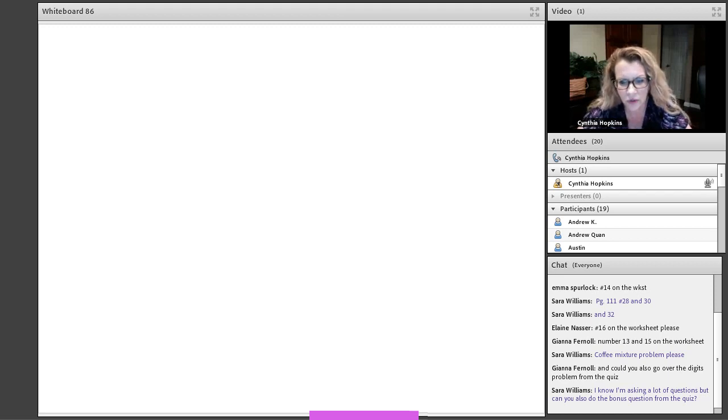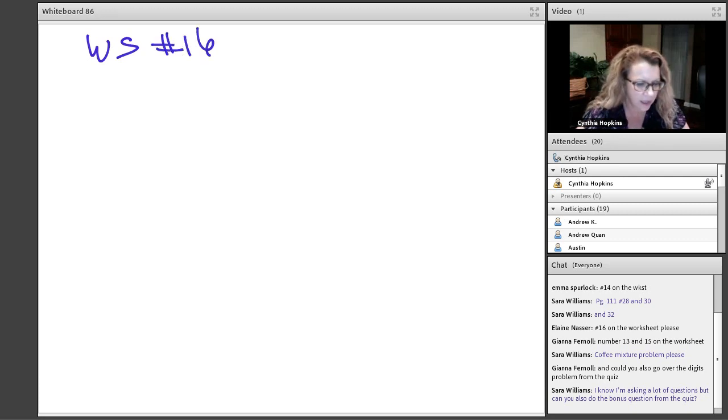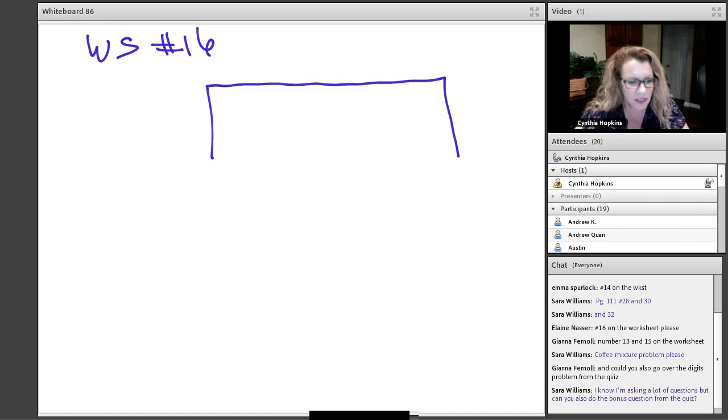All right, so let's see. Elaine is asking for number 16 on the worksheet. I think I'm going to draw a picture for this too. Actually, I don't think you guys need it. Do you understand the concept that if somebody goes upstream and then they turn around and come back downstream, the exact same path, their distances are going to be equal?